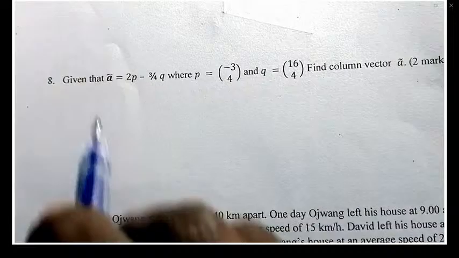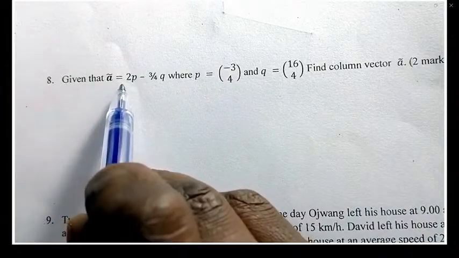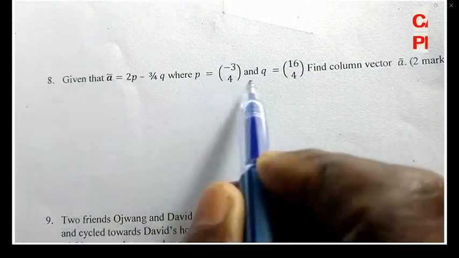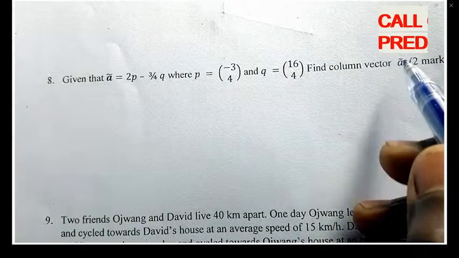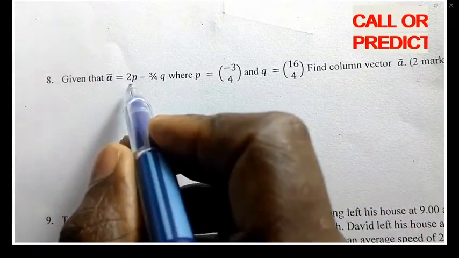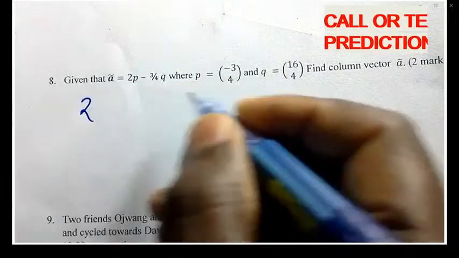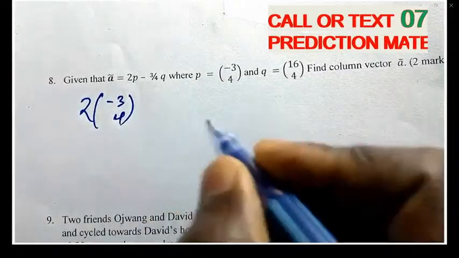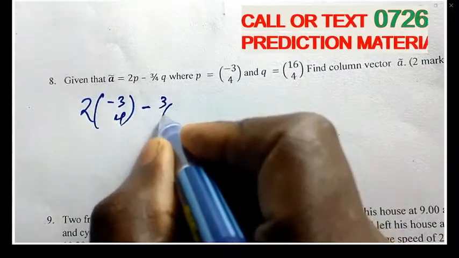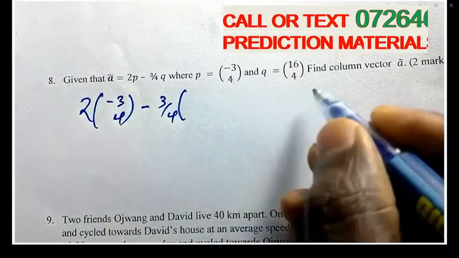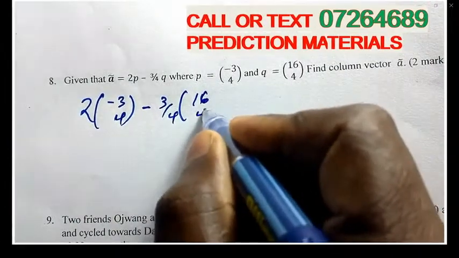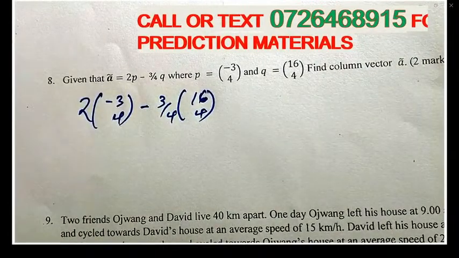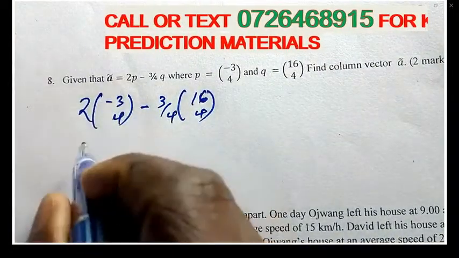Given that vector A is 2p minus 3 over 4q, where p is this and q is this, find column vector A. So we have been told that A is 2p, but p is negative 3, 4, and then minus 3 over 4 of q, and our q is 16, 4. So you multiply 2 times negative 3 is negative 6, then 8.